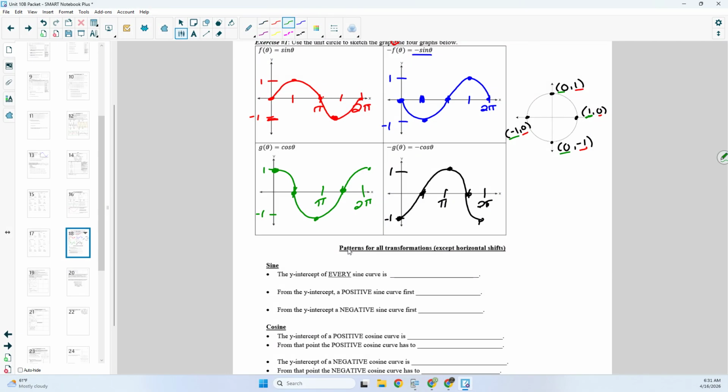Now, our y-intercept right here, we might be tempted to write that that's always 0, but imagine if we shifted the graph up, it would no longer be at 0, even though it was a sine curve. So the key is that the y-intercept of every sine curve is in the middle of the max and min, which we know is where the midline is. So we're going to write on the midline.